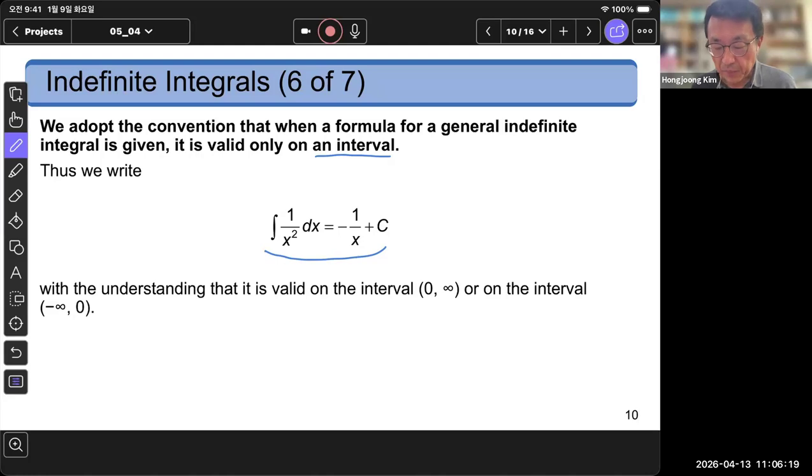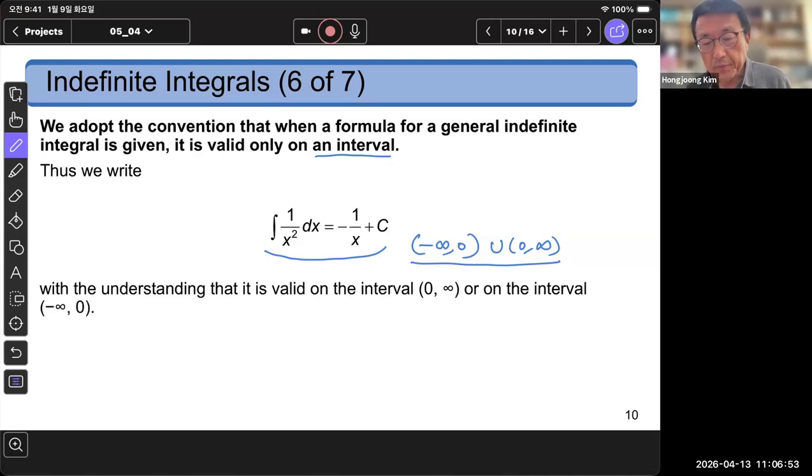This 1 over x squared function is defined on the whole real line, from negative infinity to 0 and 0 to infinity. So the domain is all the real numbers except 0. And on the negative part, the c value may be different from the c value on the right hand side.